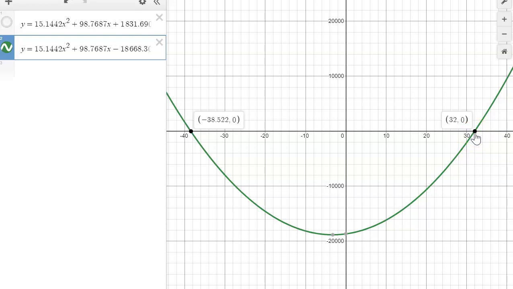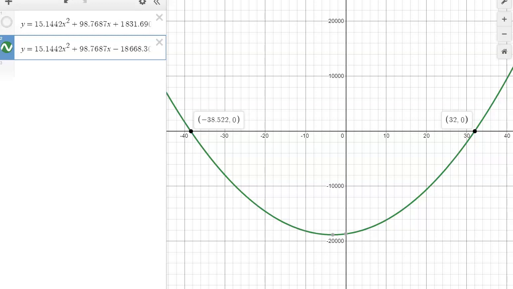So this one wants us to sketch a picture of the graph, and then find where the graph crosses at 0. So I'm going to write both of those on my paper. I'm going to have negative 38.522 and positive 32.